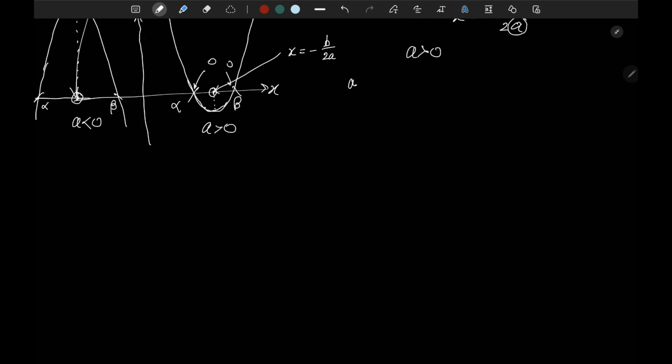Now let's come back to our original problem. We just discussed a few of the basics of quadratic equations. So we had x cube plus (2r plus 1) x square plus (4r minus 1) x plus 2 equal to 0, and they have said that it has minus 2 as one of its roots.